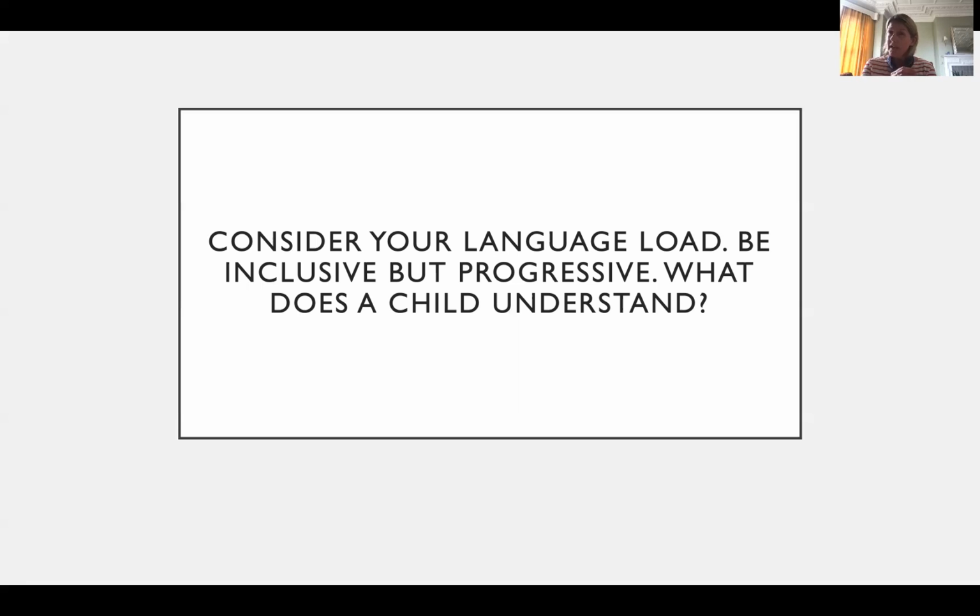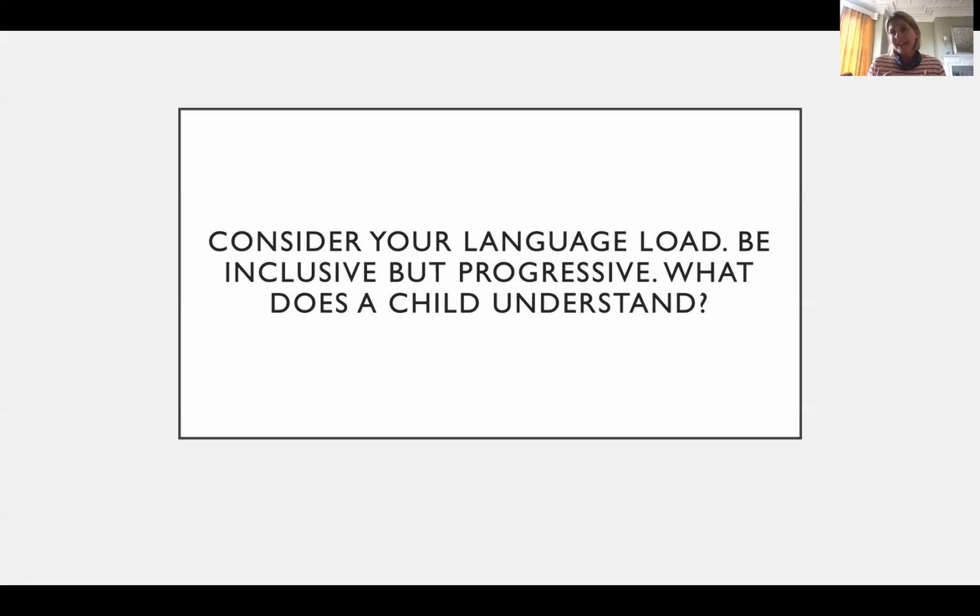So by keeping language simple, I am making it more likely that the child will be able to process the language that I'm using to learn new vocabulary, but that vocabulary is not housed within a longer sentence, it's housed within a very, very short phrase, because the language processing will need to be achievable for that child.